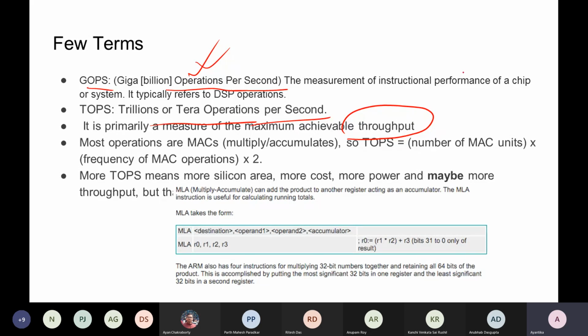So whenever we calculate this type of throughput, maybe this one, tera operations per second, what we take into consideration is the number of MAC units times the frequency of MAC operations times 2. Now, what do we mean by this MAC operation? This is multiply and accumulate. Okay.